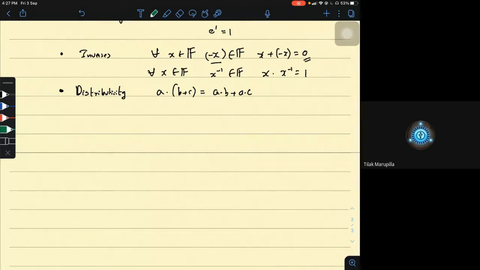So before proceeding, let's see some examples of fields. All the fields which we will be talking about are commutative fields, but there exist non-commutative fields also, which we will not go into too much extent now. So some examples.